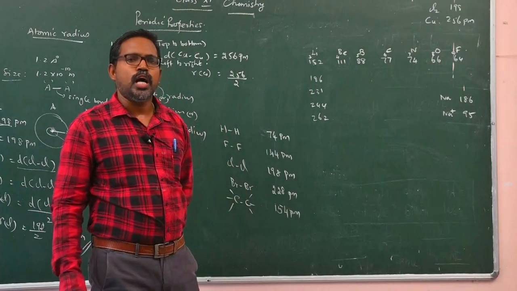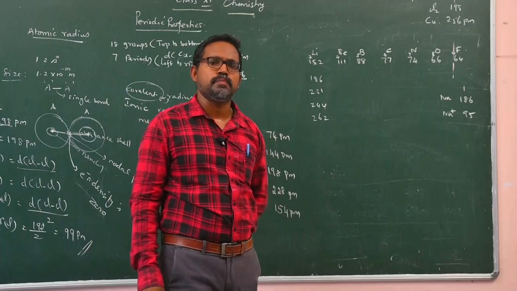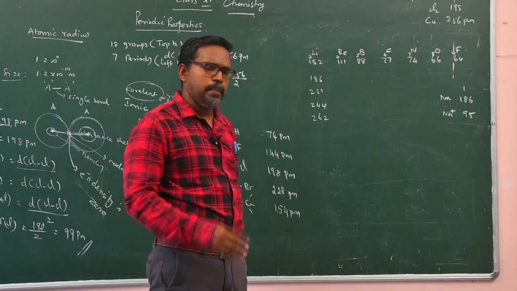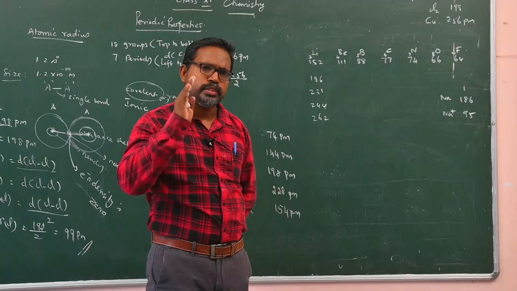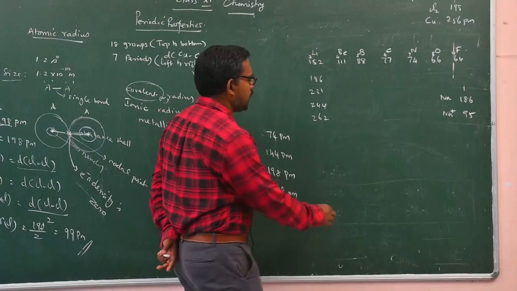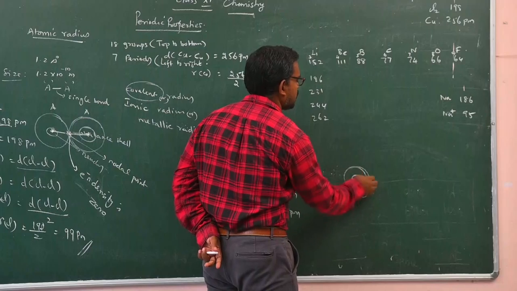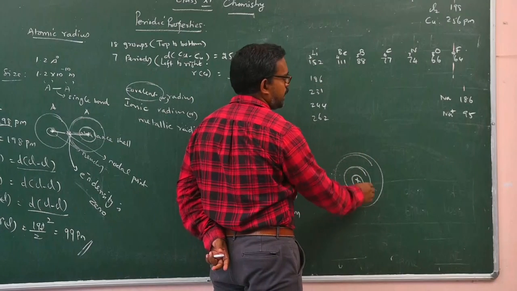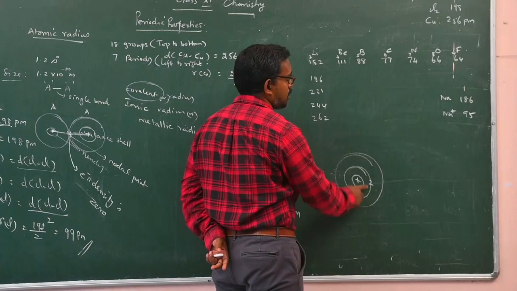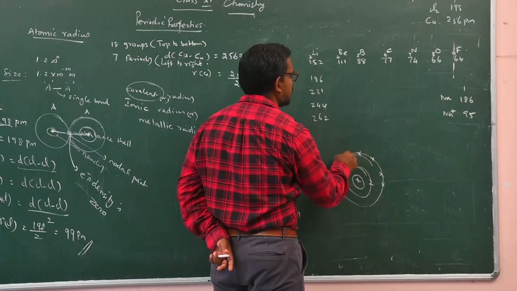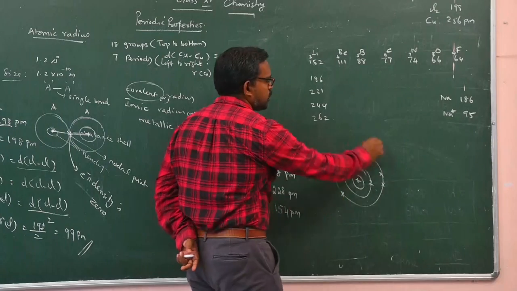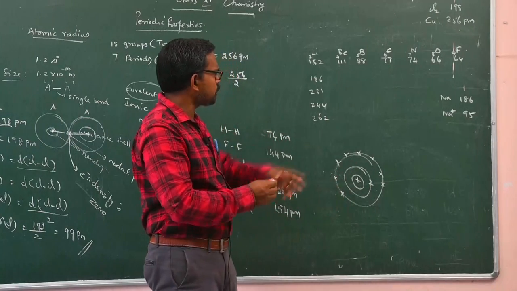The atomic number increases by 1. That means the electrons enter into the same main energy level. Here the second level has 2 electrons, and then up to the 10th, so 8 electrons are accommodated.